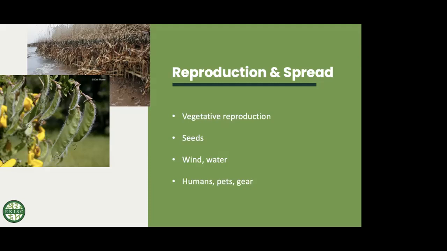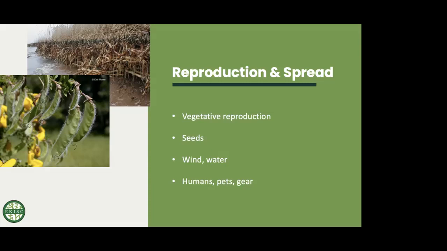So it's great for lots of plants, but when invasive species can do it, it makes it really hard for us to remove them, because any piece of plant, of root or stem that's left in the ground can sprout a whole new plant.